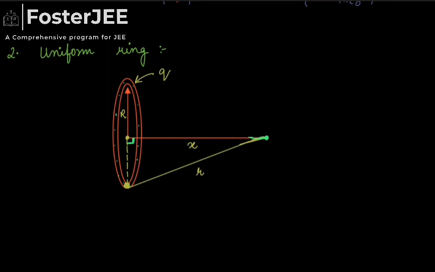And what will be that distance? From Pythagoras theorem, we know r square equals x square plus R square. Since this is R, the value of r is root over x square plus R square.